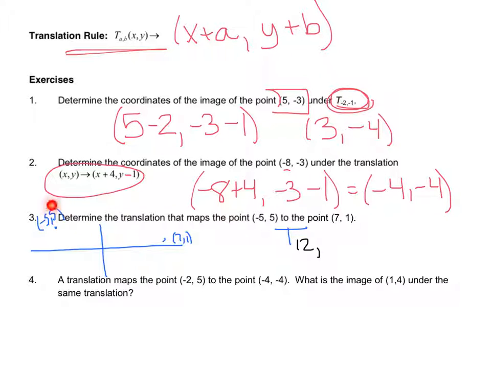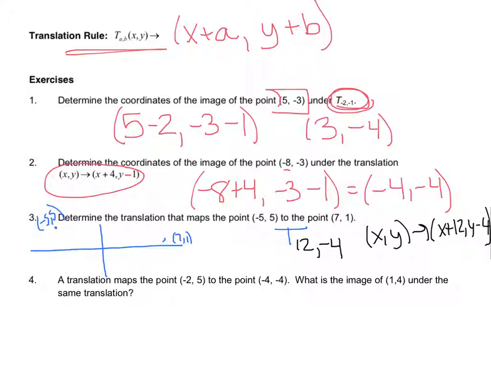So from 5, which is our y value, to 1, we're traveling down 4 units. So we're going to say 12, -4. Or you could write it as (x, y) goes to (x plus 12, y minus 4). Either of those ways to write it is fine.